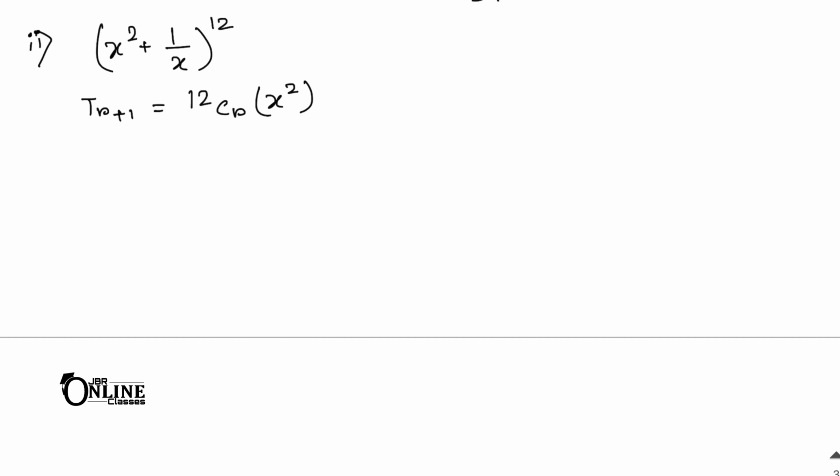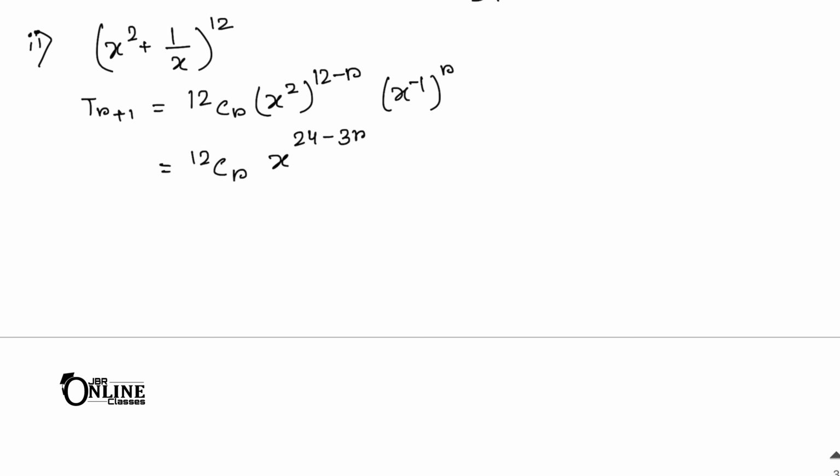Next one, number 2. Number 2, you have x square plus 1 by x whole to the power 12. So again same formula, T r plus 1 is 12cr, here x square to the power 12 minus r, and x to the power minus 1 to the power r, so it will be 12cr, then x to the power 24 minus 3r directly.